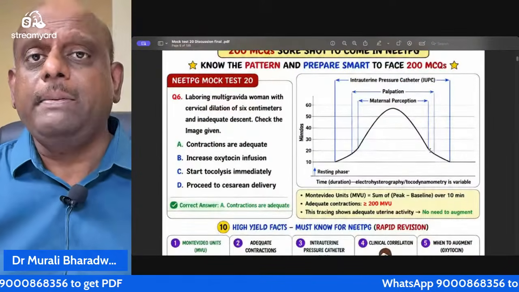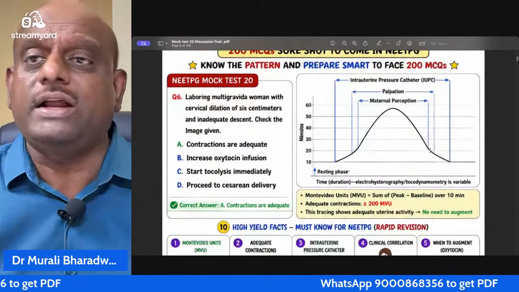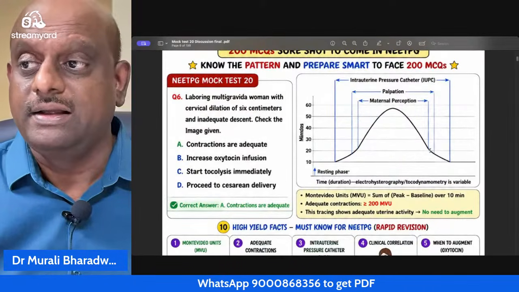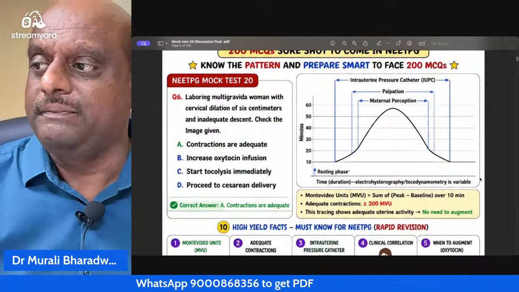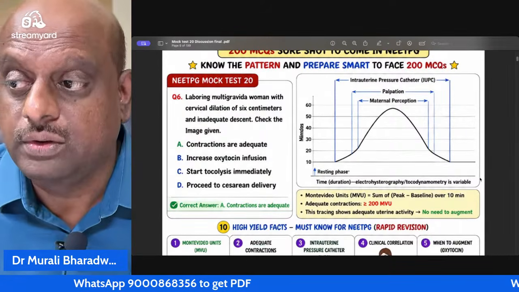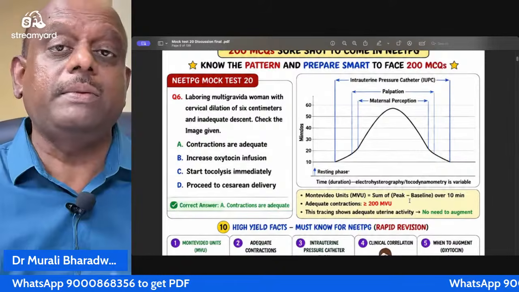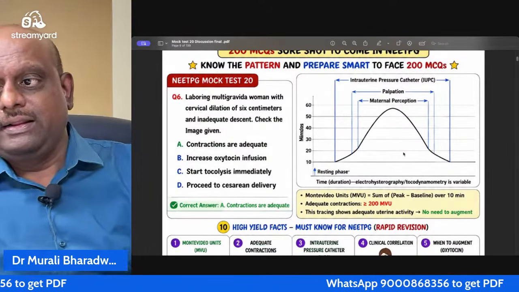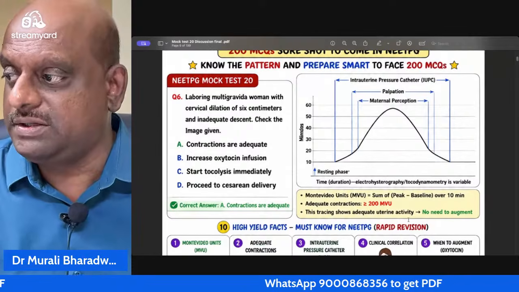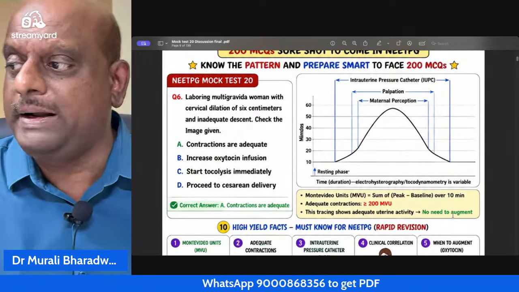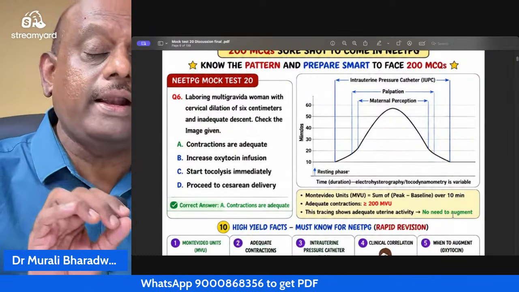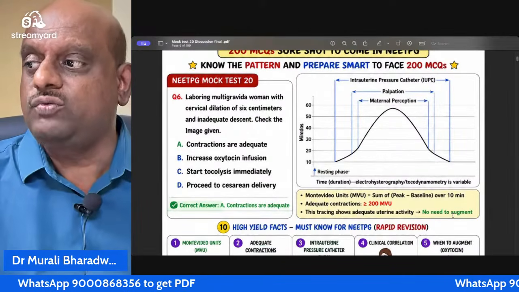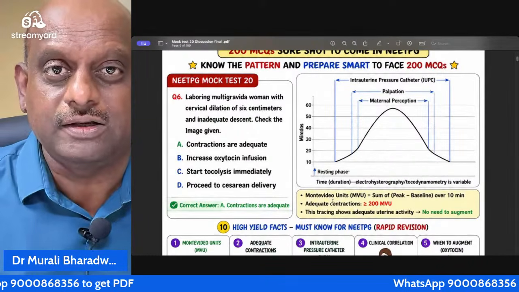Now, a laboring multigravida woman with cervical dilatation of 6 centimeters and inadequate descent, the image being given. So, what does it basically suggest? This suggests the contractions are adequate. No need to augment. Any adequate contraction is more than 200 MVU is what you need to basically remember.